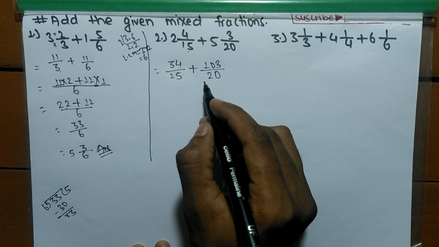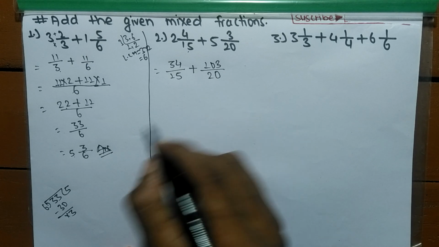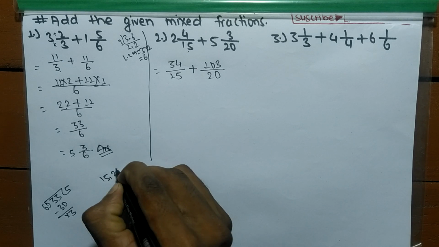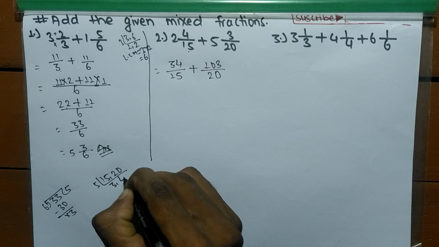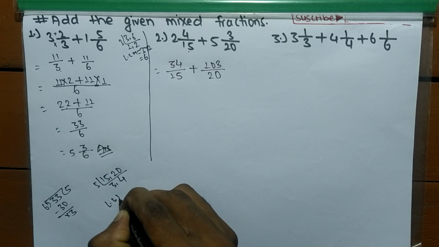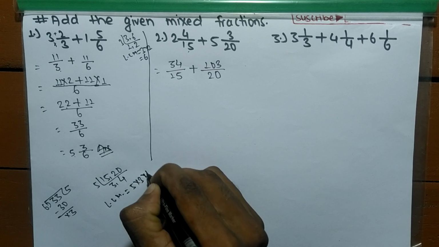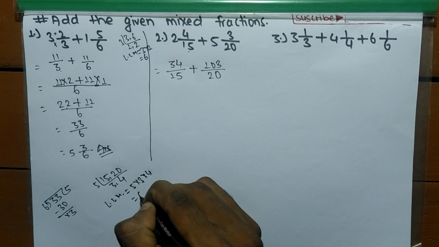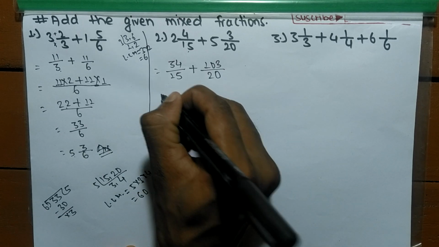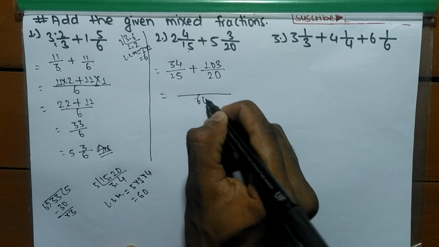So in the first step we have to take the LCM of denominators 15 and 20. So the LCM of 15 and 20: 5 times 3 means 15, 5 times 4 means 20. So we can write LCM is equal to 5 times 3 times 4. So 5 times 3 means 15, 15 times 4 means it is 60. So the LCM of 15 and 20 is 60.